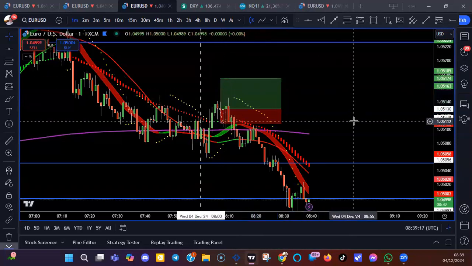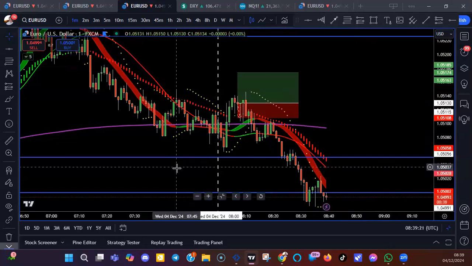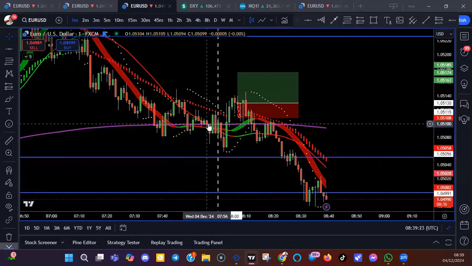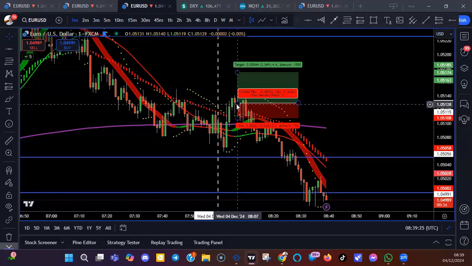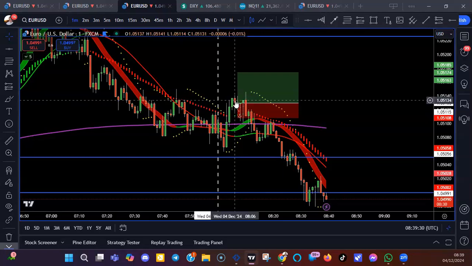Two pips. Well, you notice that price is on a sell there.